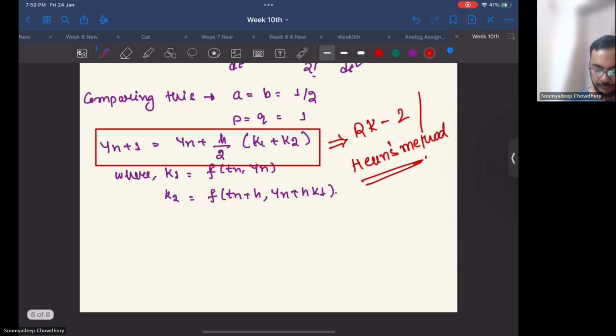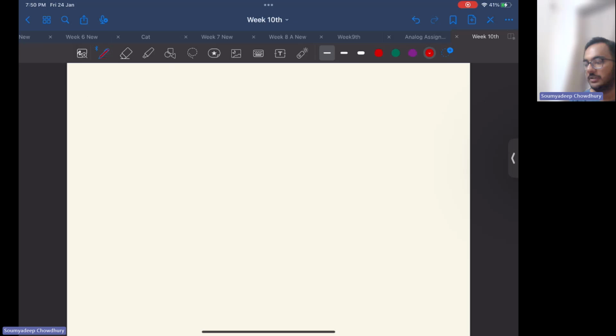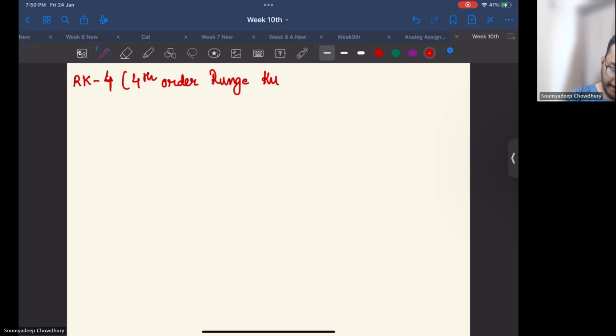Similarly, if we modify these constants we can have a fourth order Runge-Kutta method, which is known as the RK4, the fourth order Runge-Kutta method.